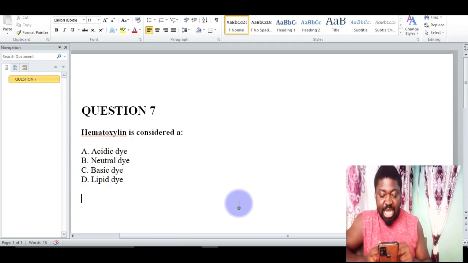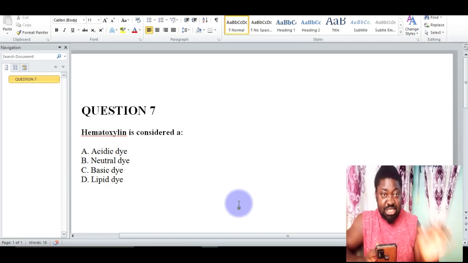It is a basic dye, and so it binds to acidic structures like DNA and RNA, because if we are conducting any test using the light microscope, for it to stain what we want to see, then since RNA and DNA are structures that tend to be acidic, the stain, hematoxylin, must be basic, because basic and acidic work together.